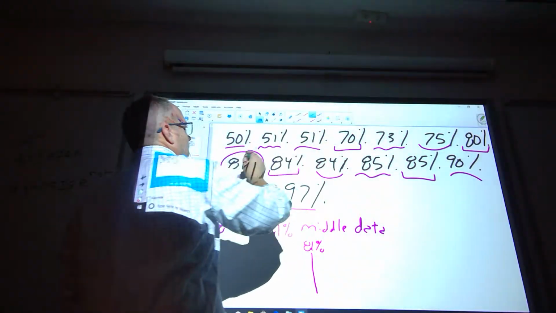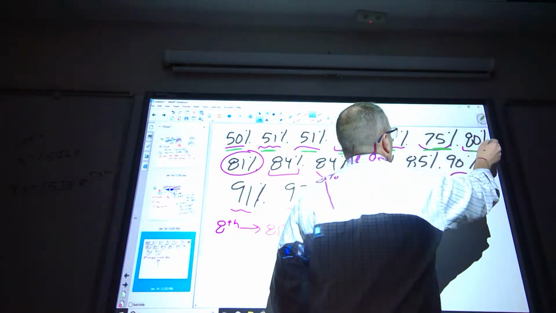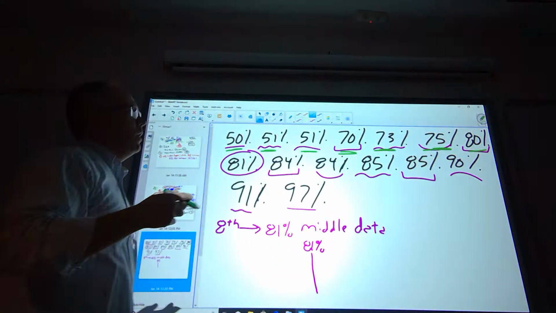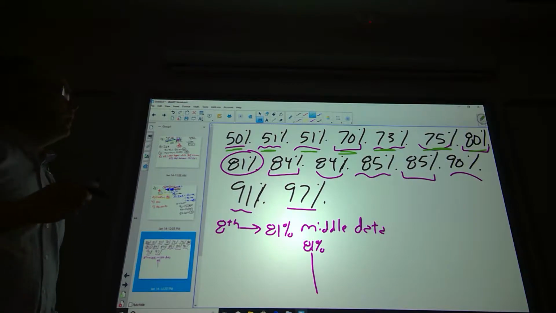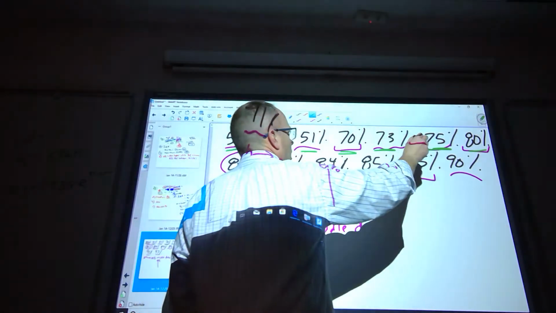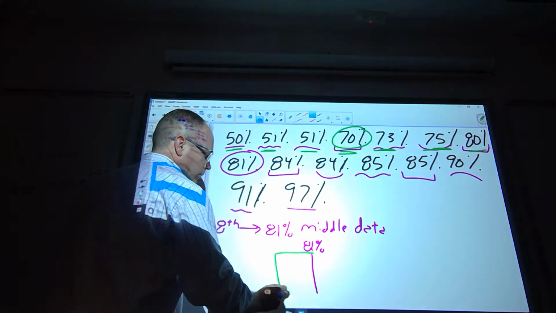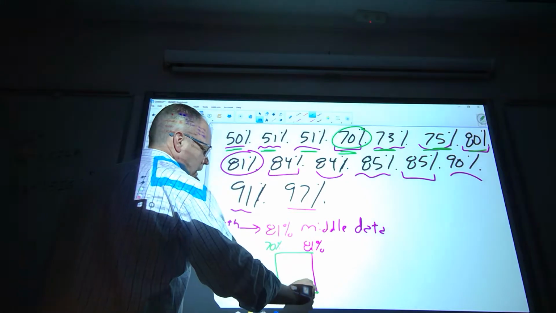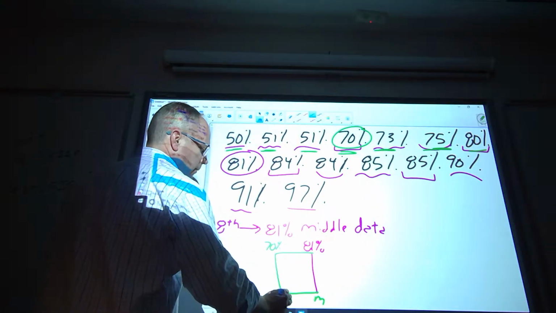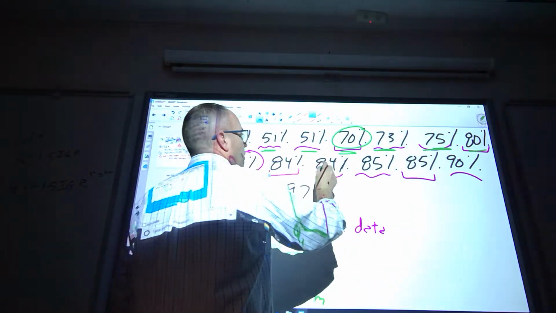Now let's find the middle of this lower part. I have 7 numbers. What value is the lower part? The lower Q1. What's the middle? 7. Yeah, that's the middle. So that's going to be Q1. So that's your median here. That's Q1. Now let's find the middle of my top. 84.5. 1, 2, 3, 4, 5, 6, oh, 7.